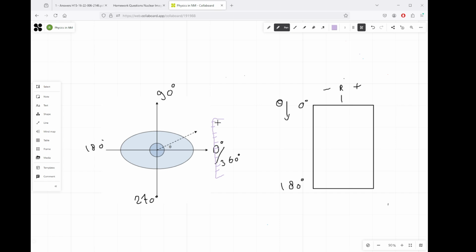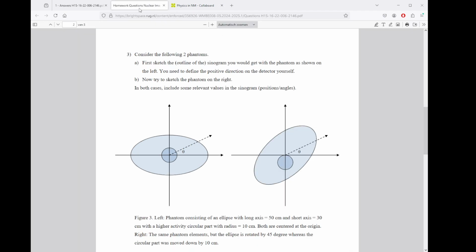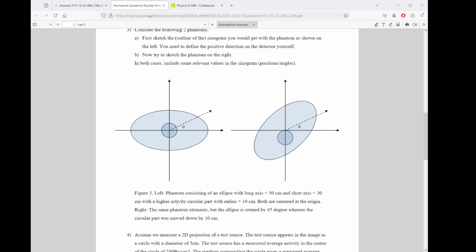Let us now first focus on the small sphere, the outer part. So we focus on a signal that's on the edge, this part right here and this part right here, and we'll see where it hits the detector. And how much is this? Well, let's have a look at the question. It says a circular part with a radius of 10 centimeters.